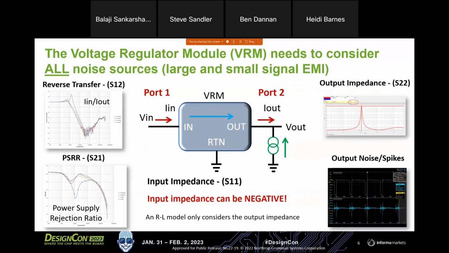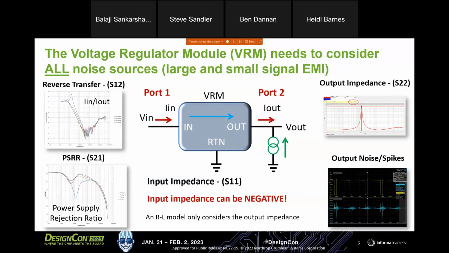The idea behind the state space average model is that if you think of the VRM as a network, there's the input and the output, and we can think of where all the noise sources are coming from. And so if we model the voltage regulator, we need to consider all possible noise sources.